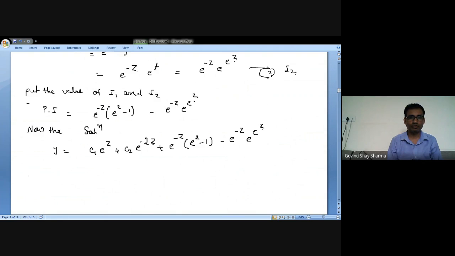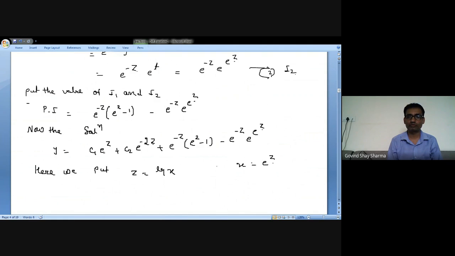Here we put z is equal to log x, because we already took x is equal to e to power z.